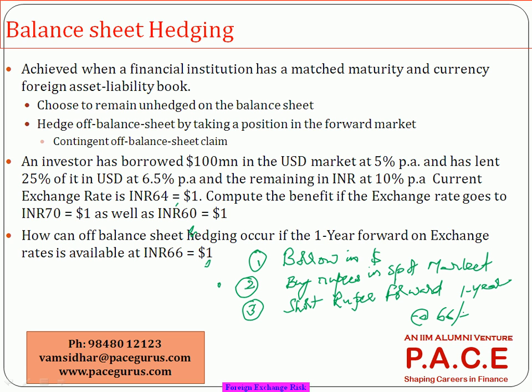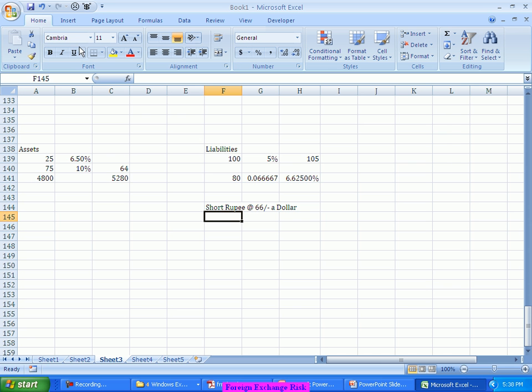I'll short rupee for that same amount. For what amount? See, okay, I have bought 75 million into 64. So how much was it? 4,800 million.